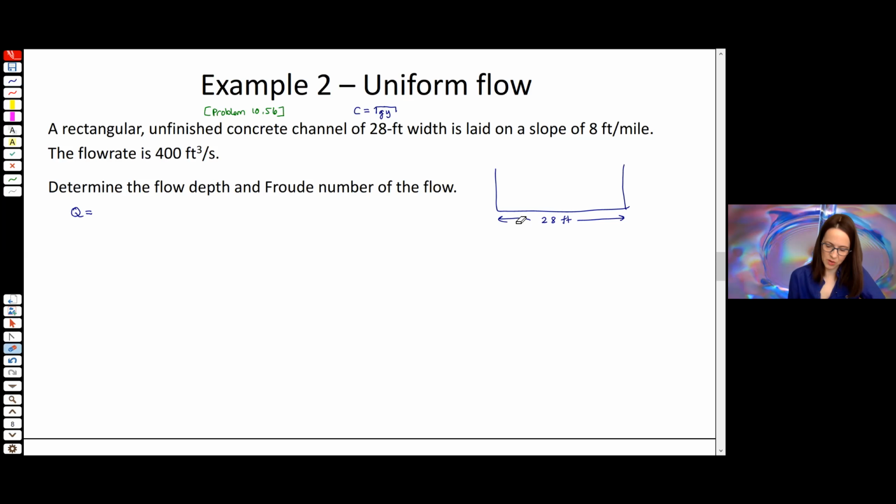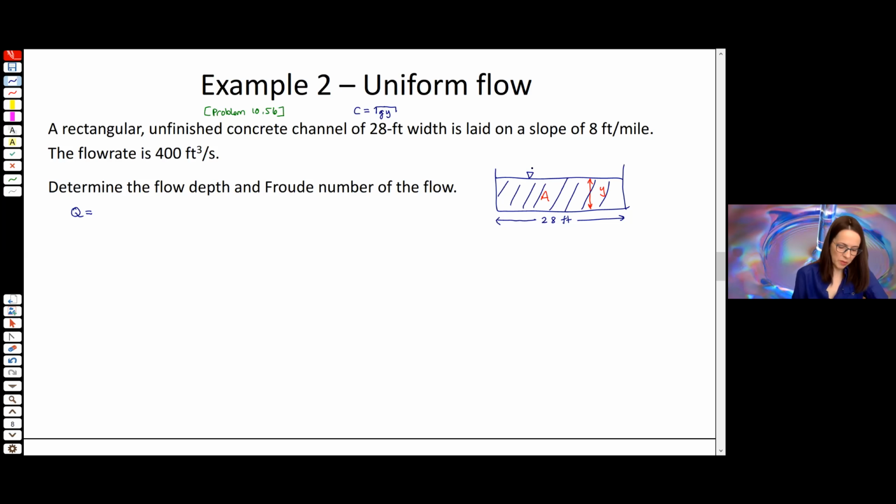It's 28 feet wide, with some depth. And of course, we always remember that these flows are open to the atmosphere, so we know it's atmospheric pressure at the top.